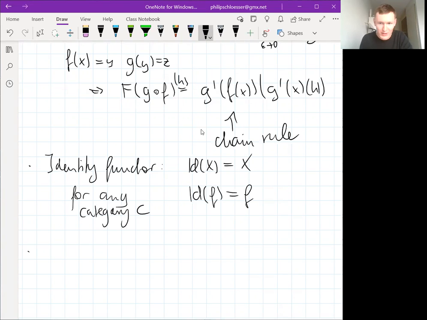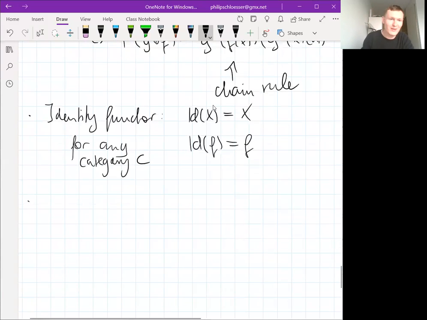And then we have the constant functor, which I guess is even more boring, but I have to introduce it now because we're going to use it a bit later.